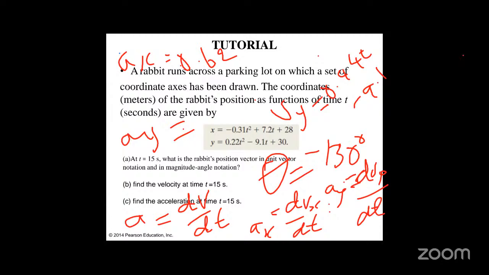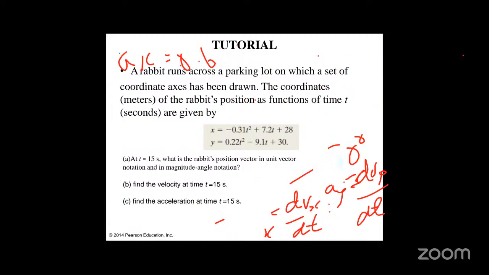So ay will be 0.44. So ax will be minus 0.62i, ay will be 0.44j.